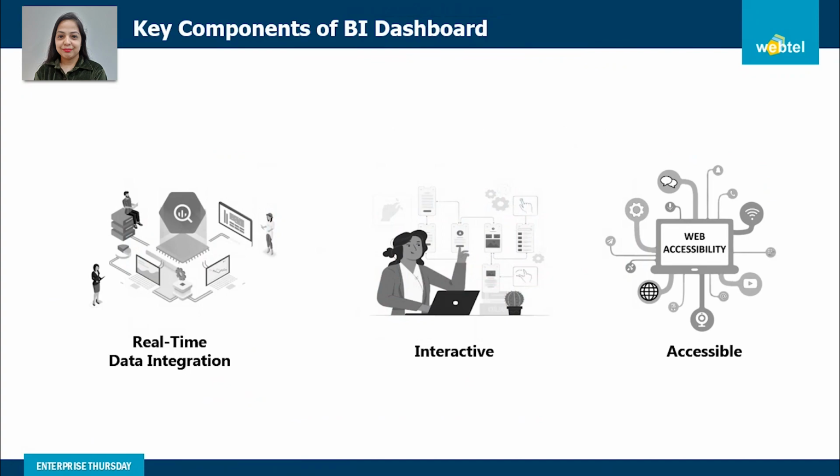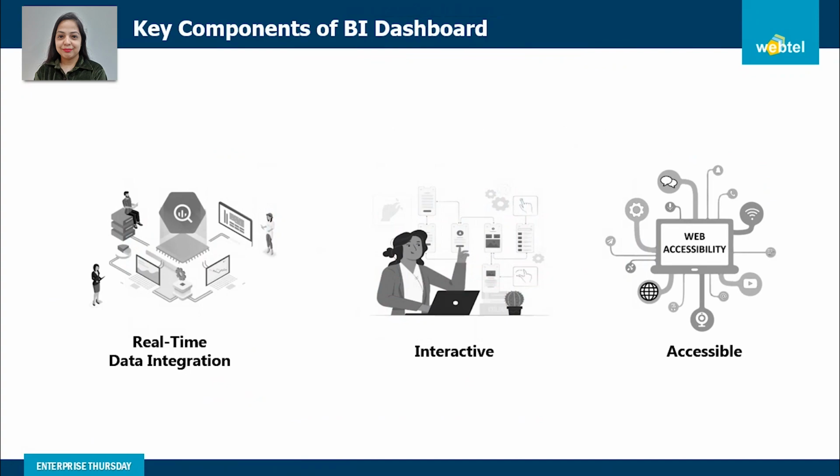Let's look at the key components of the BI dashboard. The first key component of a BI dashboard is real time data integration. BI often integrates real-time data, ensuring that the information presented is up-to-date and reflective of the current state of the business. Then it is interactive.